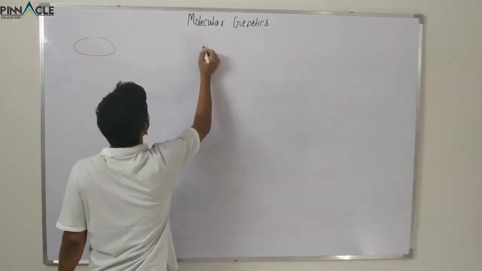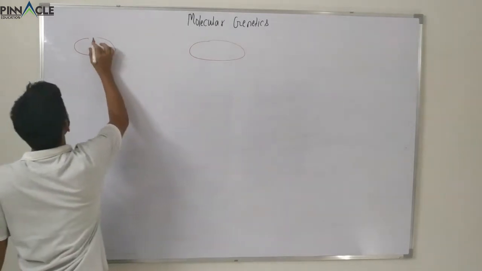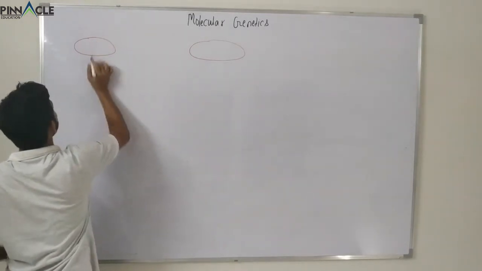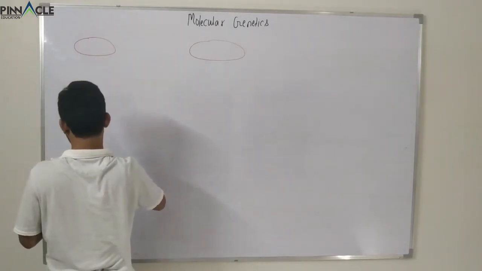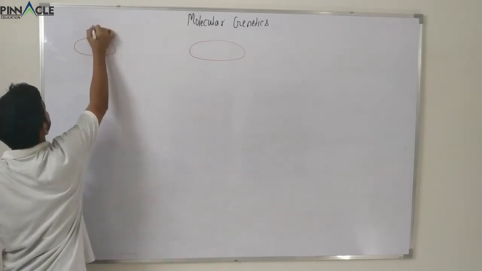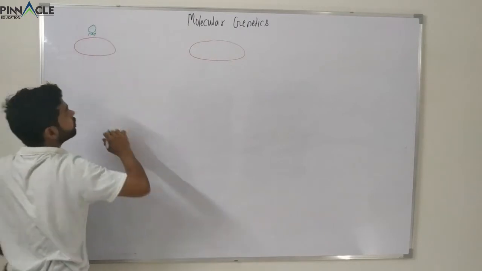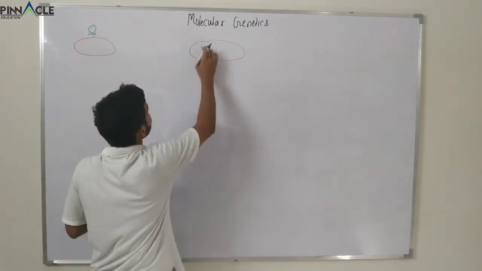It's a normal E. coli cell, it's also a normal E. coli cell. Then it was infected with the bacteriophage containing those radio labeled substances, and here also it was infected.